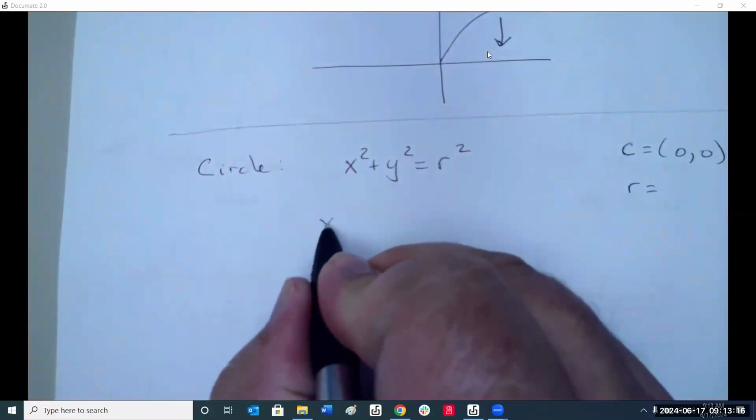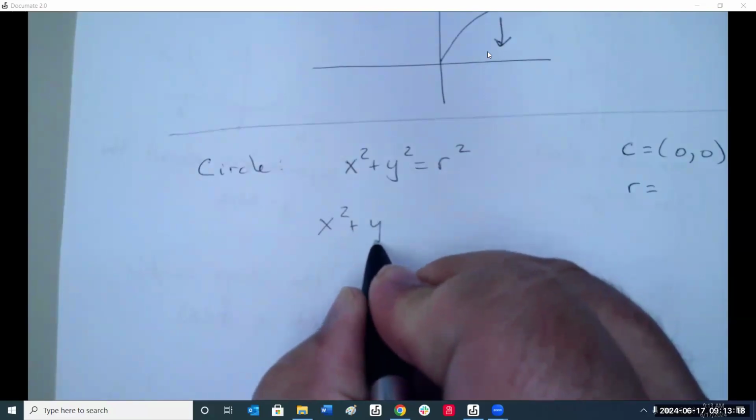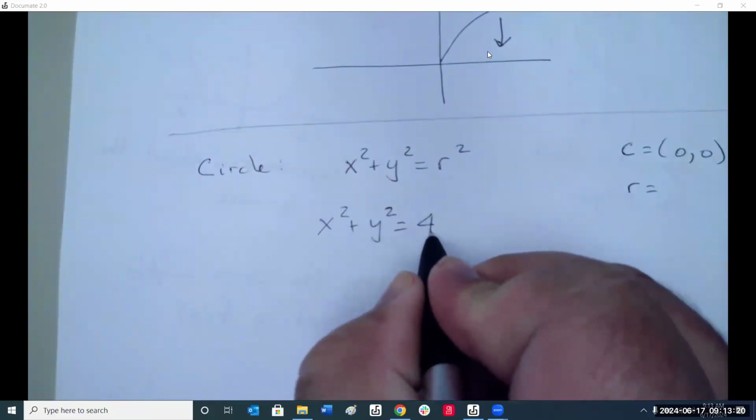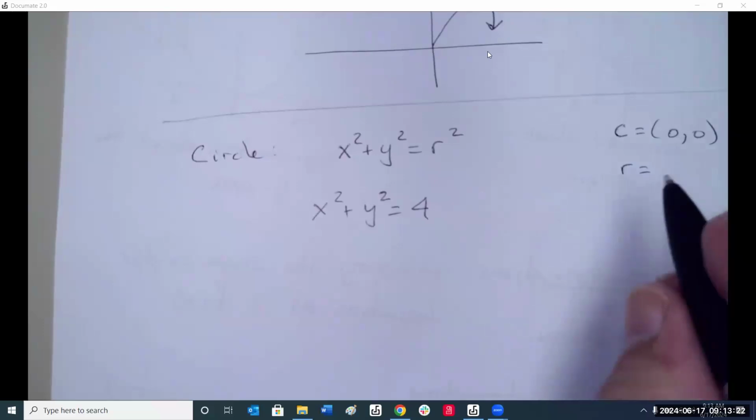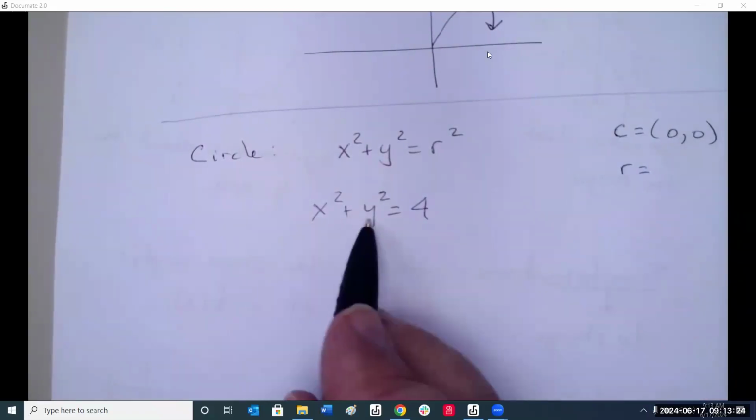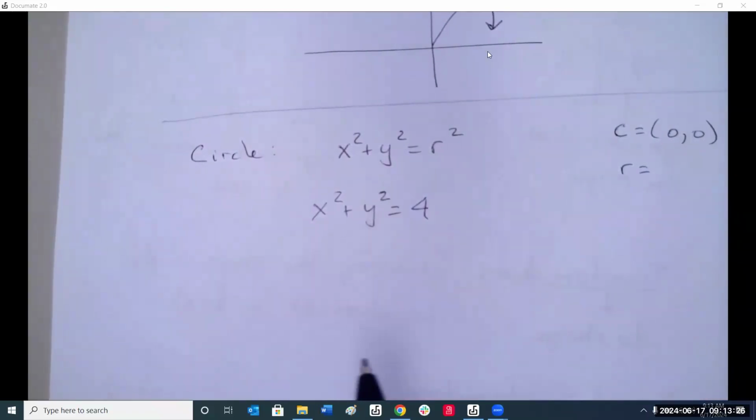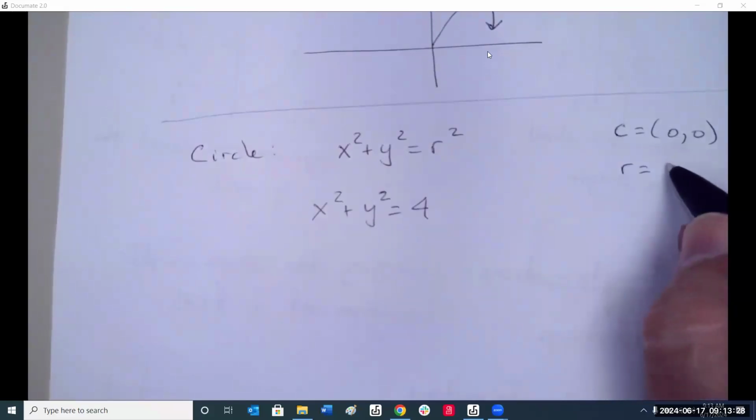So for example, if we had this equation, the center would be 0, 0 because there's no plus or minus h, k. And the radius would be what in this case?